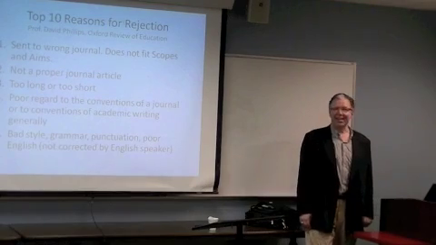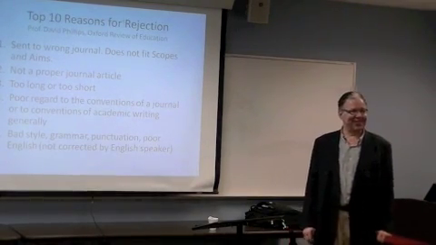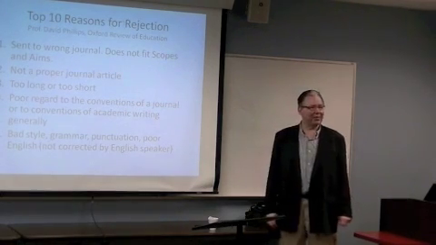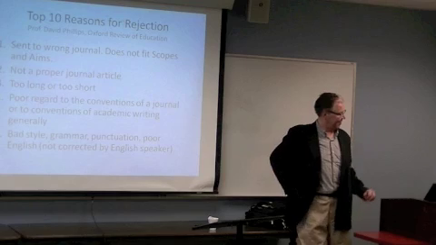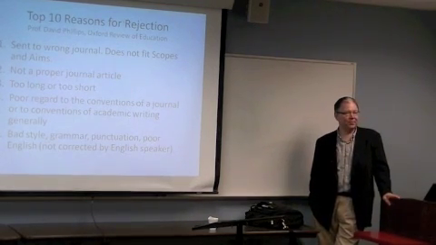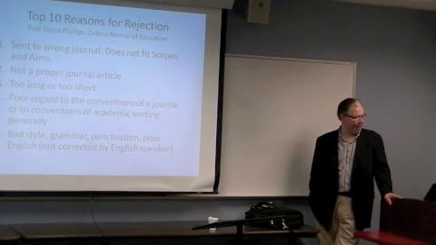All right, finally, top 10 reasons for rejection, Oxford Review of Education. Sent to the wrong journal, does not fit scope and aims. It's not a journal article, it's journalistic writing. It's too long or too short.